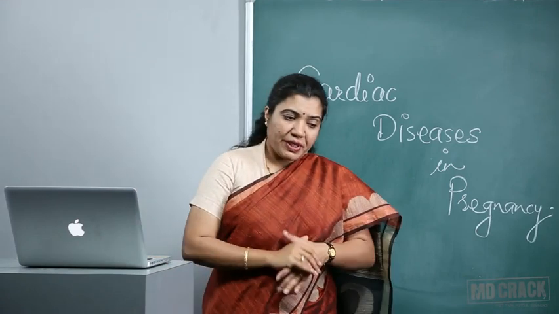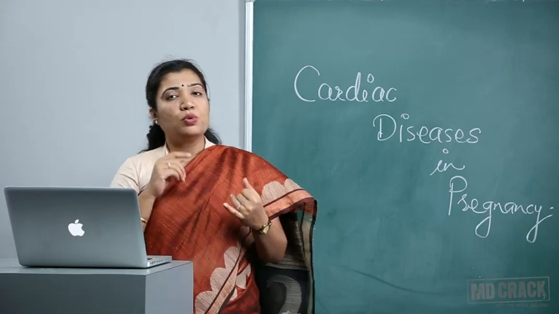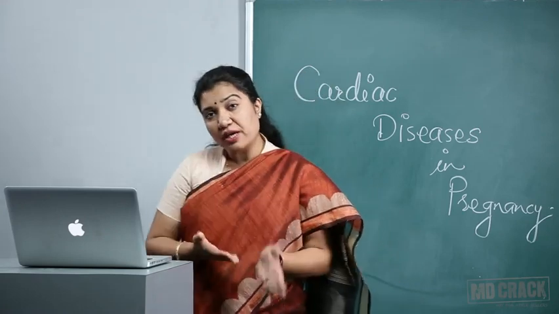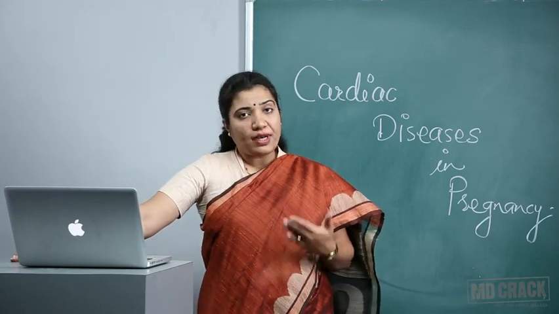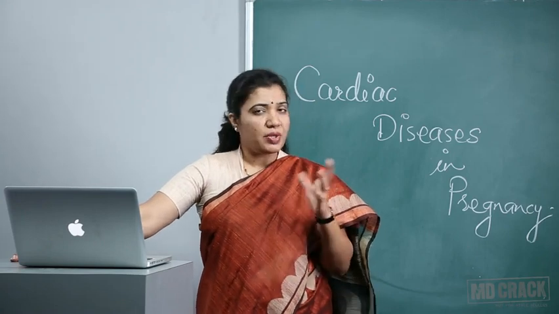So whenever we have a patient, if she comes to us preconceptionally, we should not miss the chance to counsel her about the cardiac lesion she has, what is the prognosis, what is the effect of pregnancy on that cardiac lesion, what would be the effect of that cardiac lesion on the pregnancy, what is her risk of having mortality, especially in cases of primary pulmonary hypertension, primary or secondary.